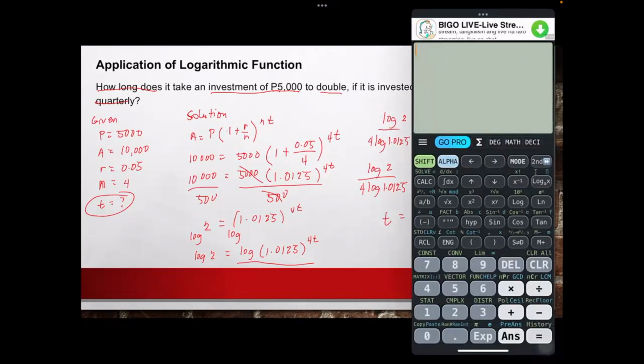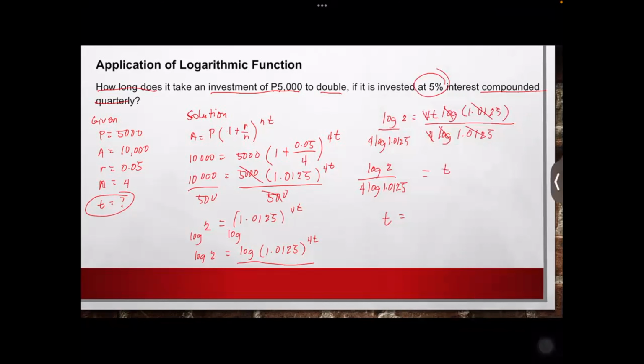This will be logarithm of 2 over 4 log 1.0125. So, magkakaroon tayo ng 13.95 years. Yan yung ating time.